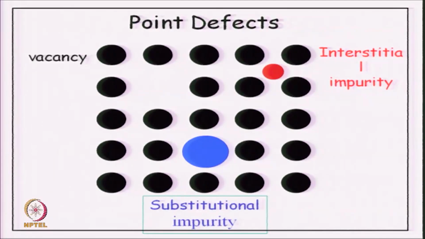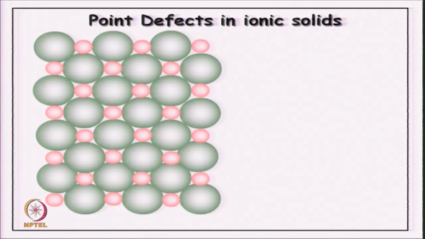In ionic crystals, we have two more varieties of defects. Here I am showing a schematic of an ionic crystal. You can think of the larger one as the anion and the smaller red one as the cation. Various kinds of point defects are possible in such an ionic solid.